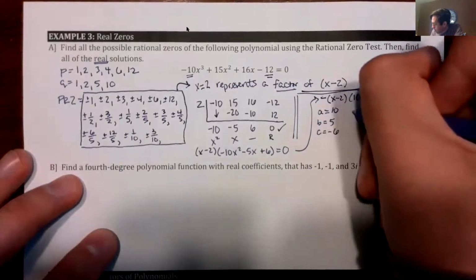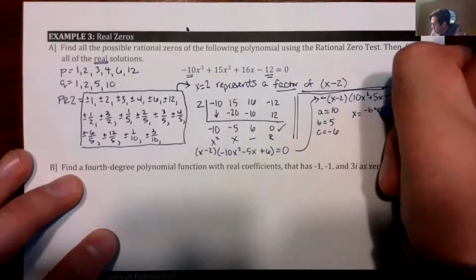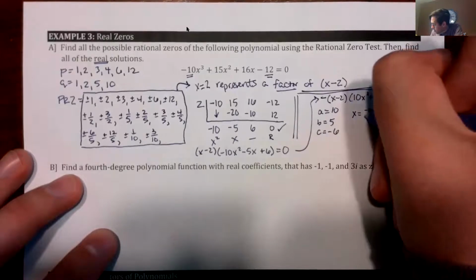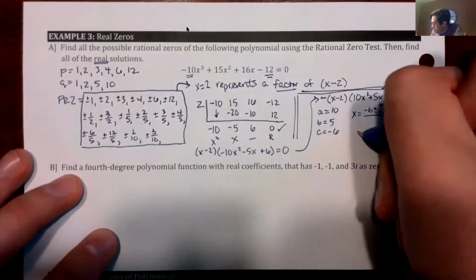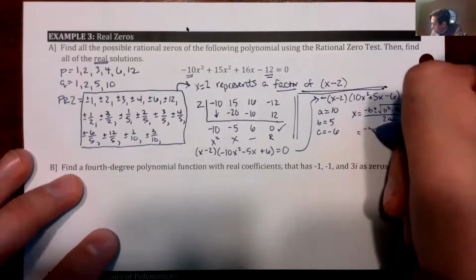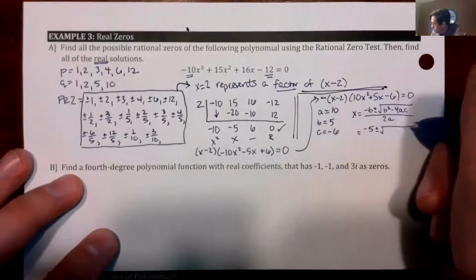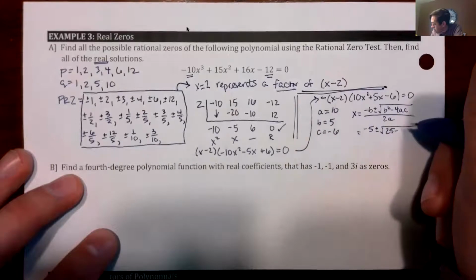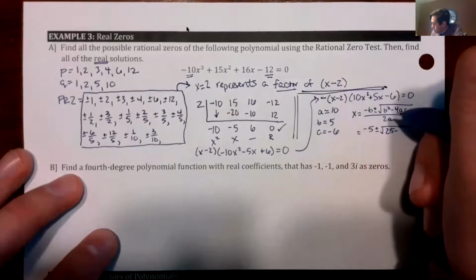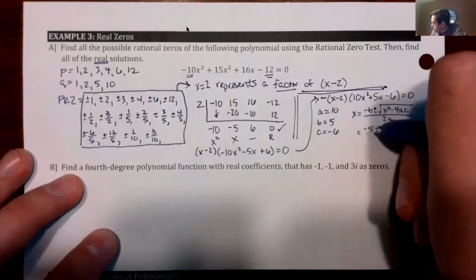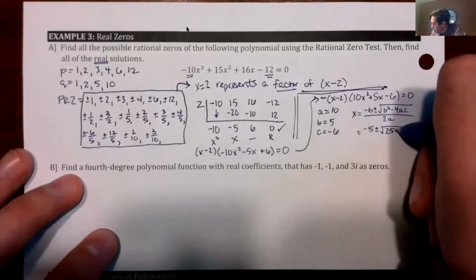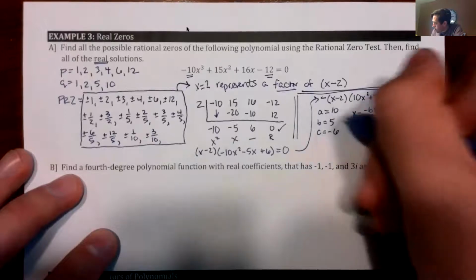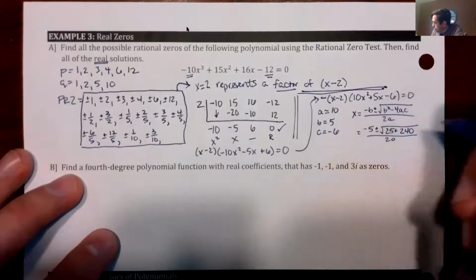And we're going to plug it into negative b plus or minus the square root of b squared minus 4ac, all over 2a, which will be negative 5 plus or minus the square root of 5 squared minus 4 times a times c. 4 times a is 4 times 10 is 40, times 6, so it's going to be plus 240, all over 2 times a, so all over 20.